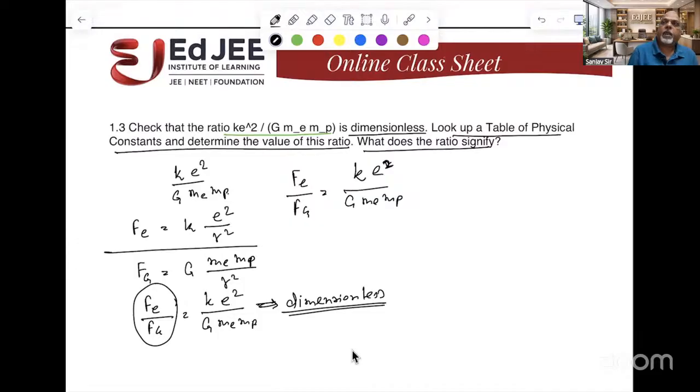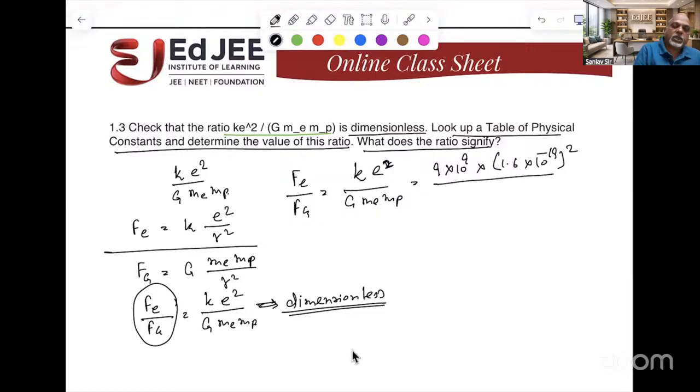Correct. You know K value, 9 into 10 raised to 9, into 1.6 into 10 raised to minus 19 is the charge on electron and proton.